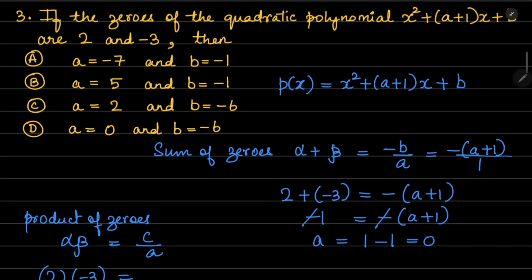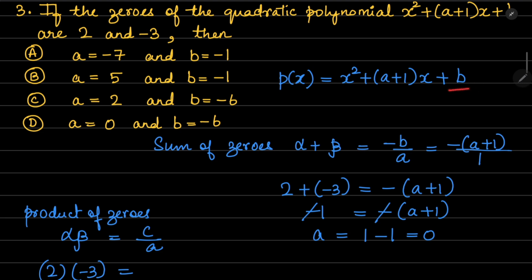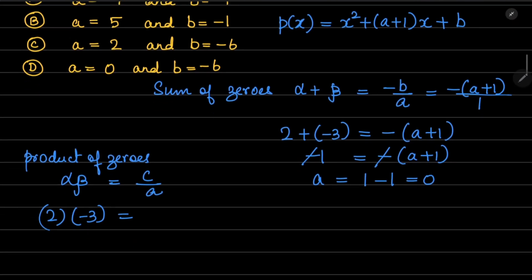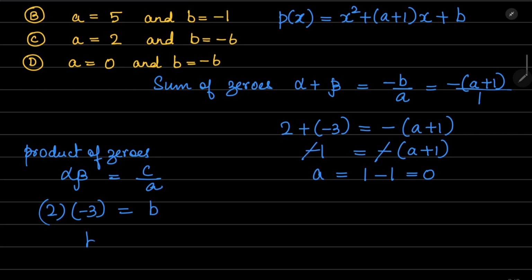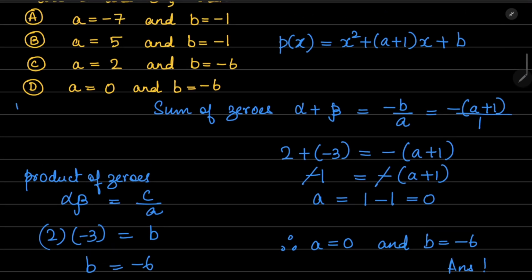What is c? c is nothing but your b, and a is nothing but your 1, so it is just b. So b is equal to 2 into minus 3, which is minus 6. Therefore the answer is a is 0 and b is minus 6. So this is your final answer, which is option D.